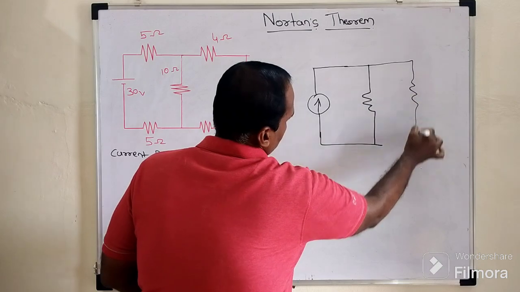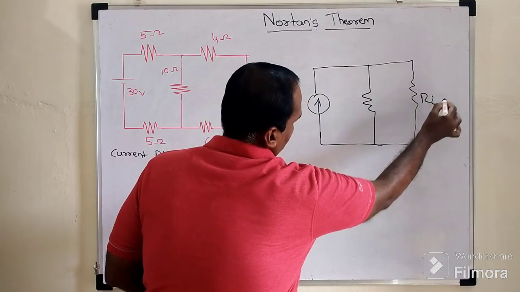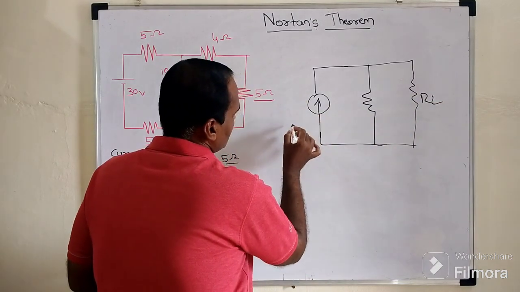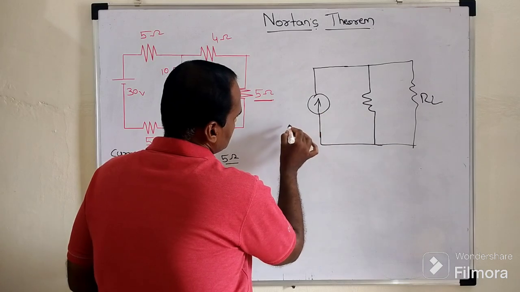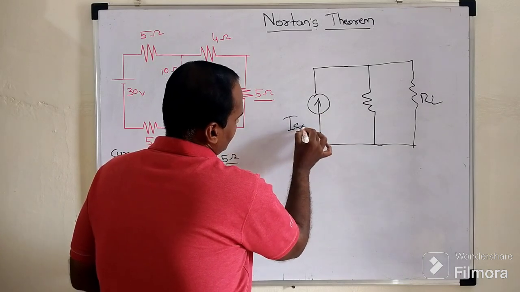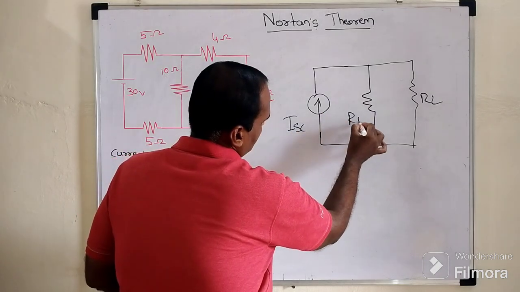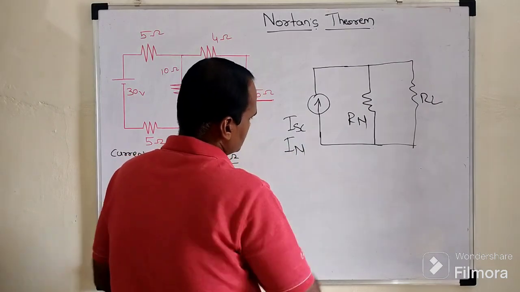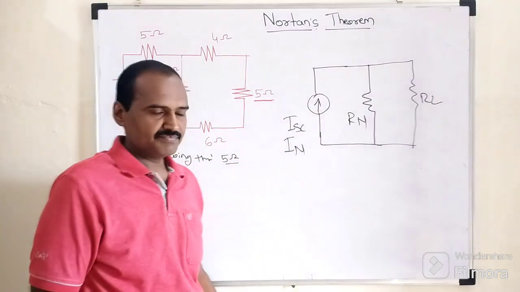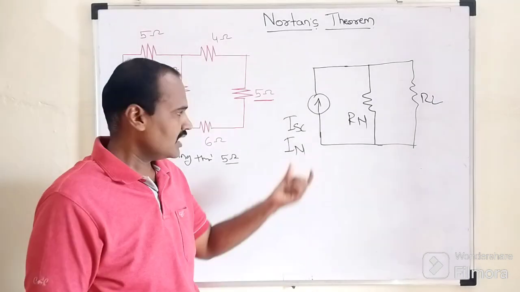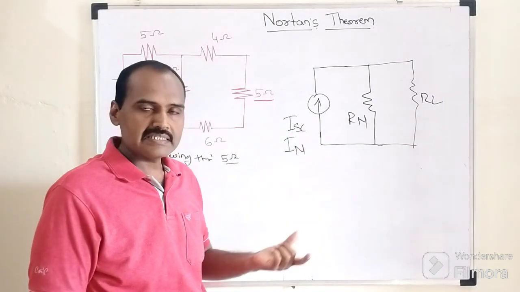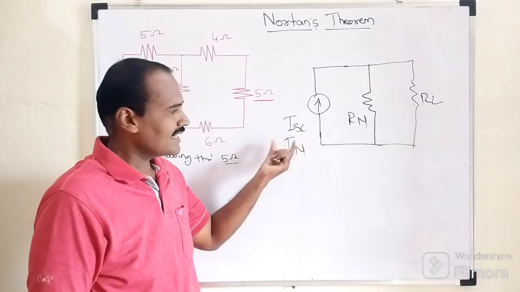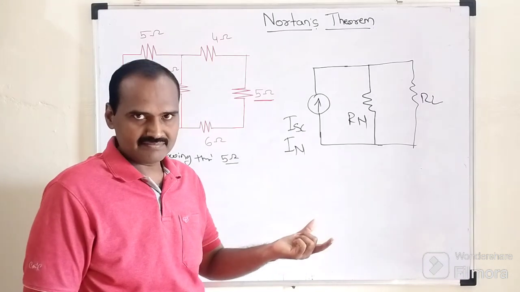Here we have our target resistance, the load resistance R. The current source is named I_SC, and the resistance is R_N. Another name for this current source is I_N. So I_N or I_SC stands for the short-circuited current, or the Norton's current.